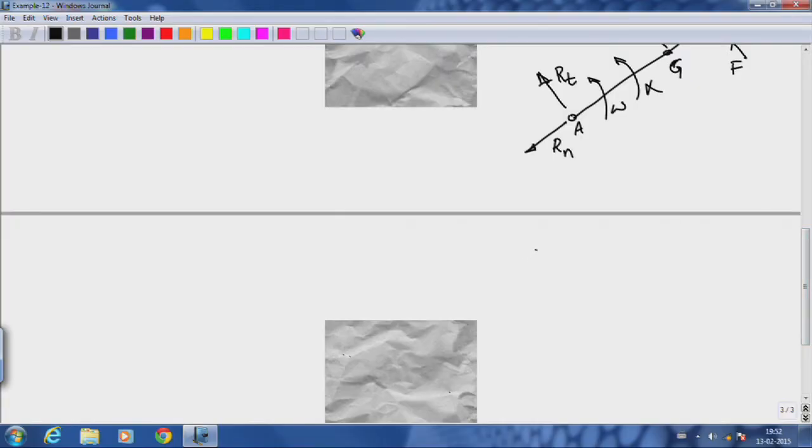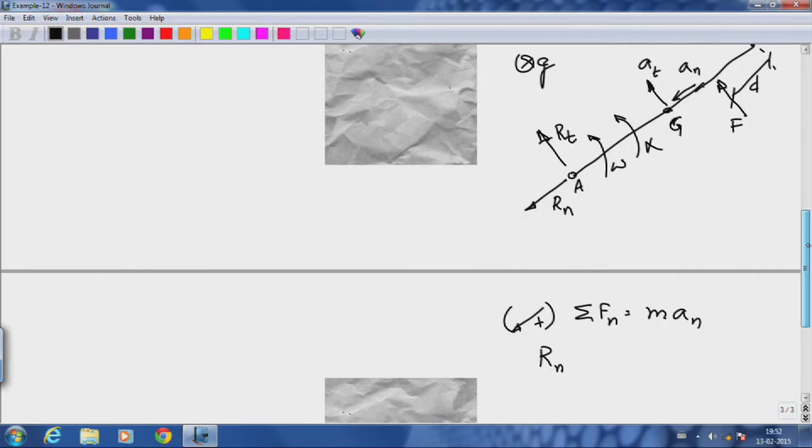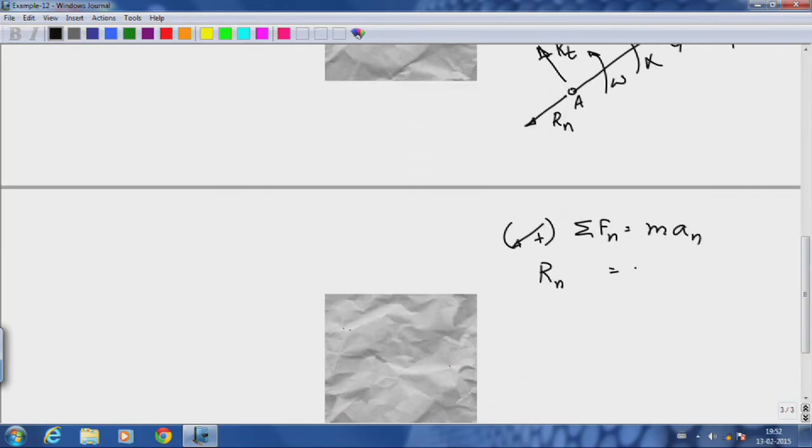So if I take all normal reactions towards A to be positive, sum of all normal forces is mass times the normal acceleration. What we find is that Rn equals m times An, which also implies Rn equals ml omega squared, where omega is the instantaneous angular velocity.